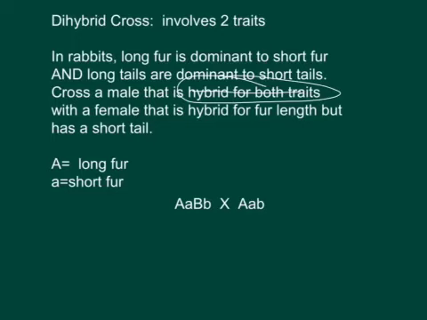Okay, and then here's the part that everybody gets confused about. What you have to do is you have to combine each A with each B for each parent in order to get the setup for the Punnett square.